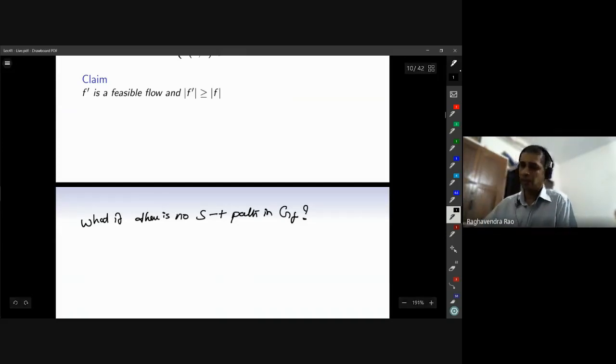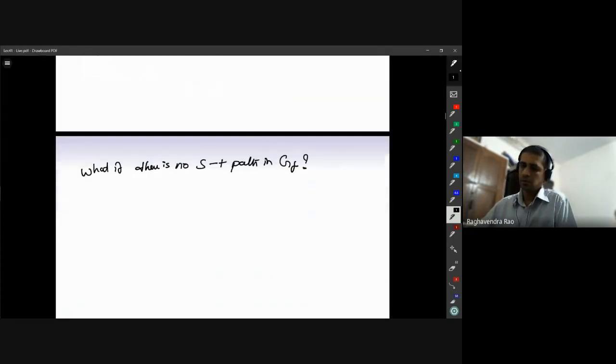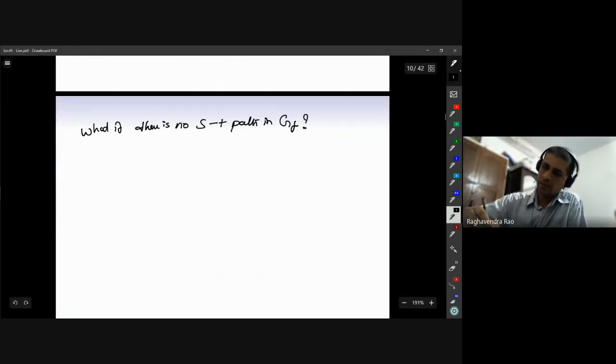If there is a path, we can come up with a better flow. If there is no path, let's look at all nodes that are reachable from s, and all nodes that have a path to t.